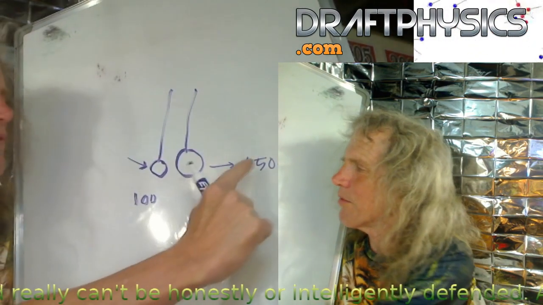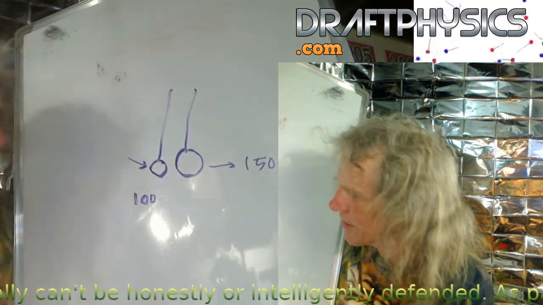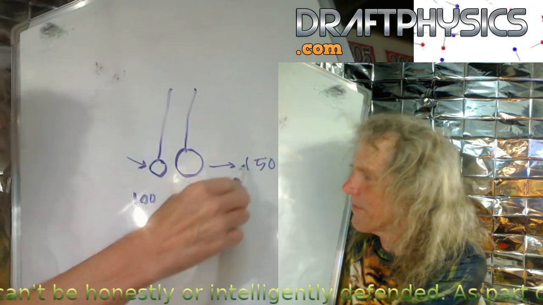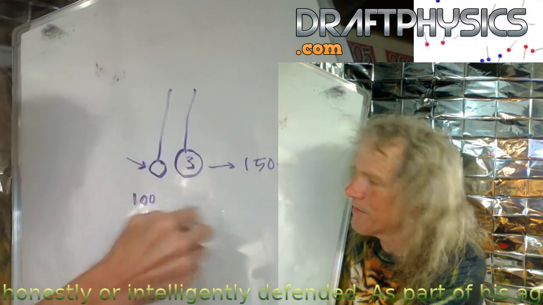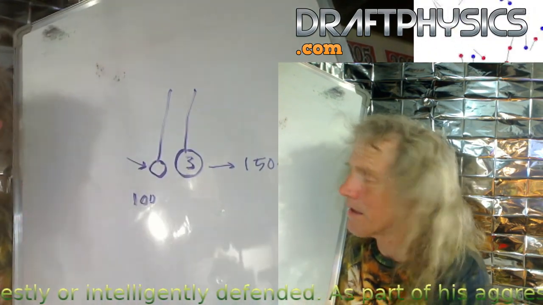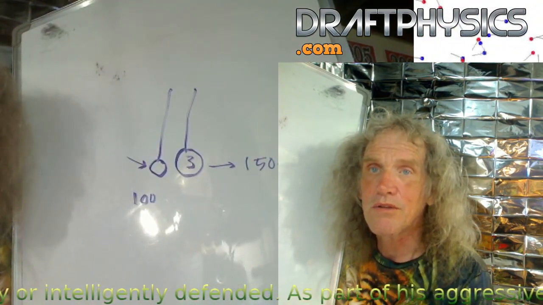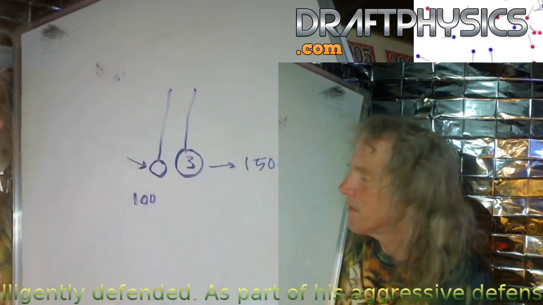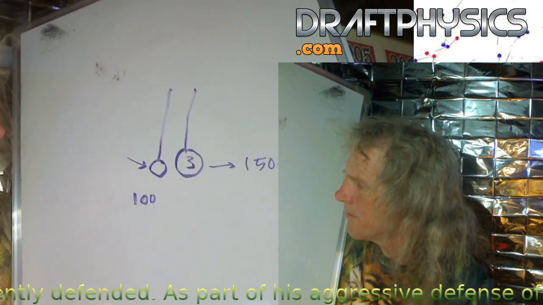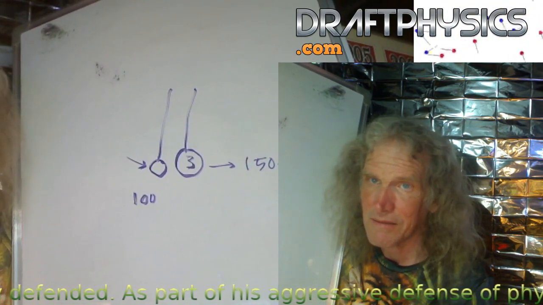You put 100 in, get 150 out. That's with a 3-mass object. If you make it a 5-mass object, you're going to get a lot closer to 200. So you'll have a free, extra 100 momentum in the universe. And I say, yes, that can happen.